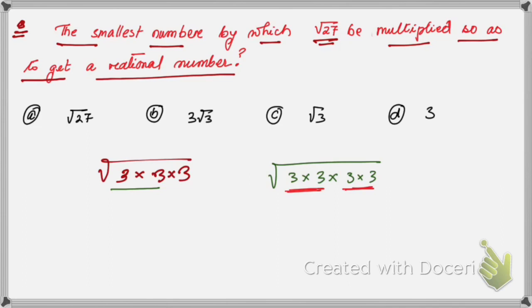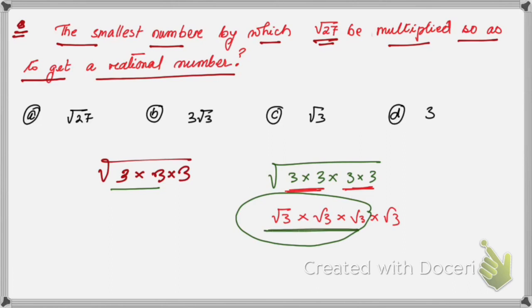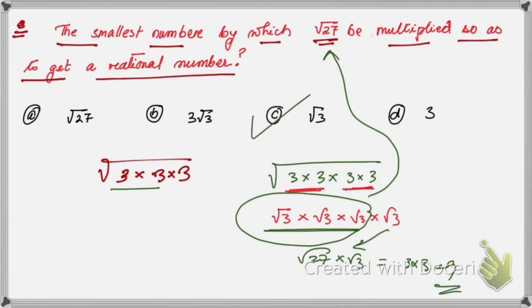So this can be written as root 3 into root 3 into root 3 into root 3. If you multiply the first three root 3's, you will get root 27, right? That means with root 27, if you multiply this root 3, then you will get 3 into 3, that's going to be 9, which is a rational number. So our correct option is root 3.